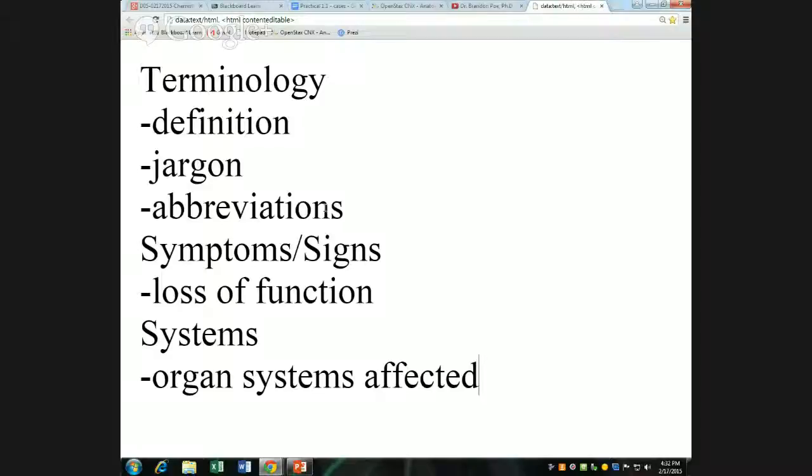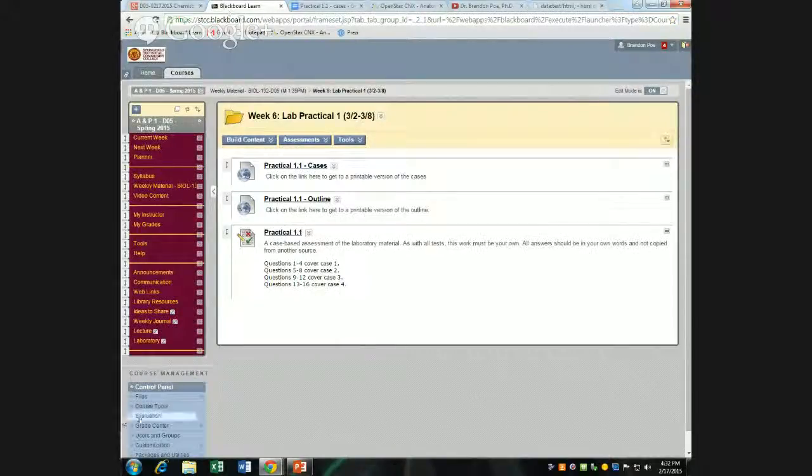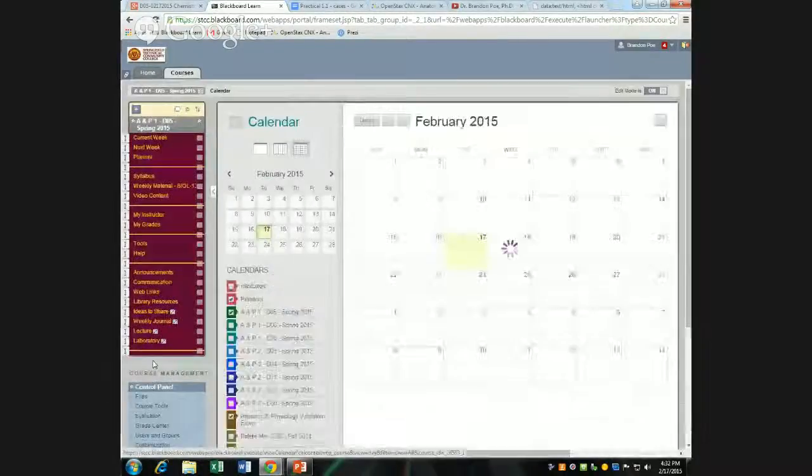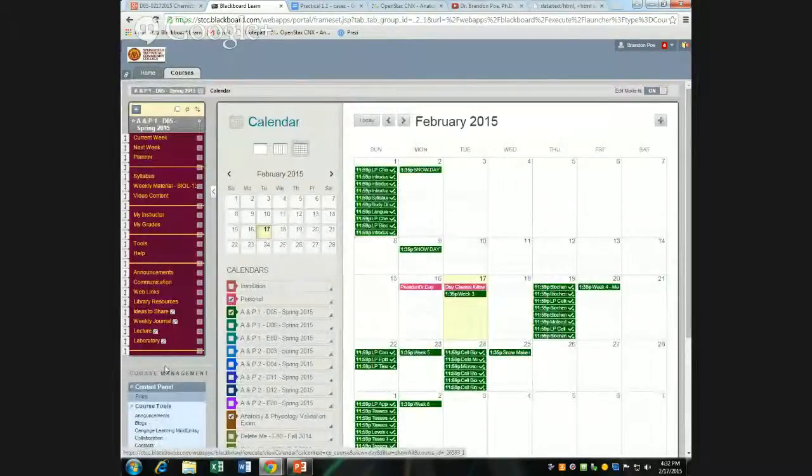As far as the rest of that material, what I've done as the snow days have progressed, I just went into this system. This is a great way for me to keep due dates straight.